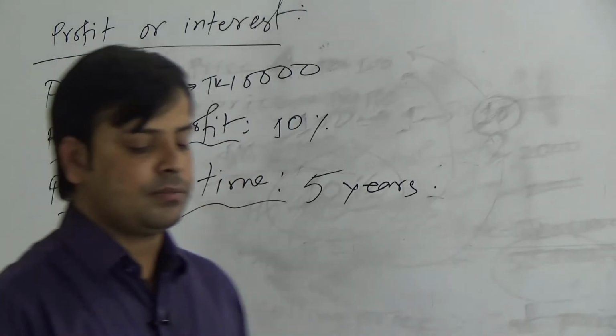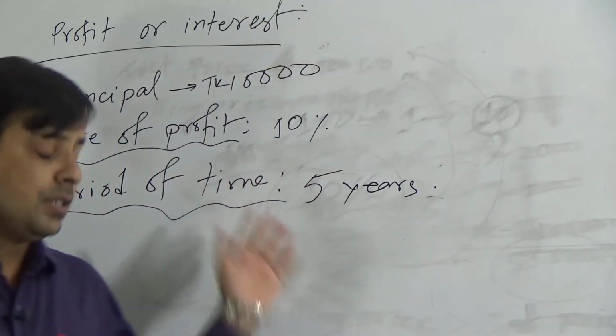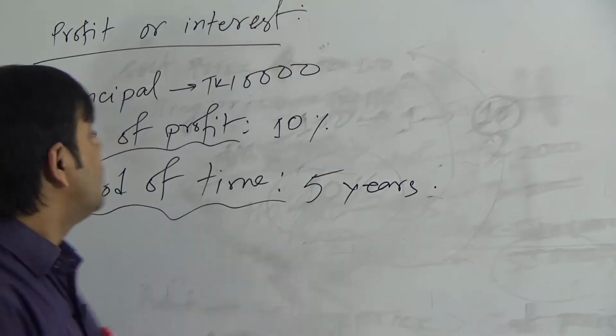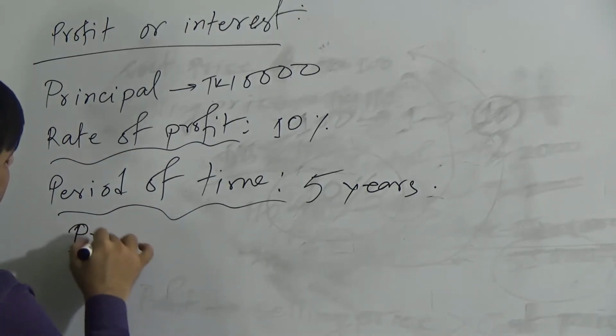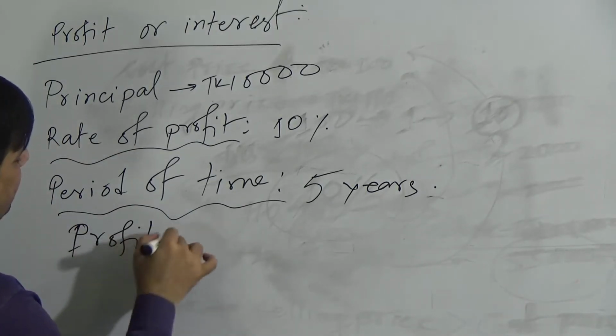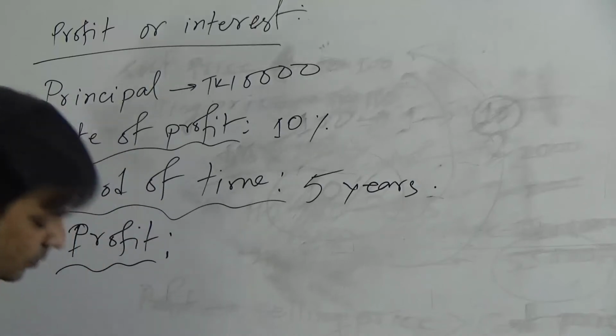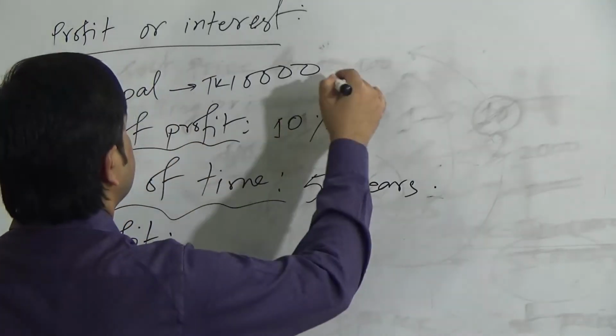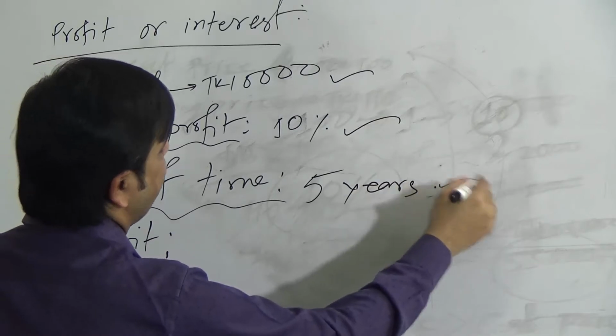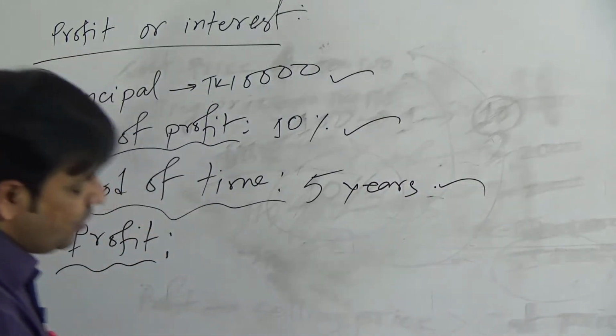Then the next term is profit. Now we can determine the profit, as principal is given, rate of profit is given, and time period is also given.